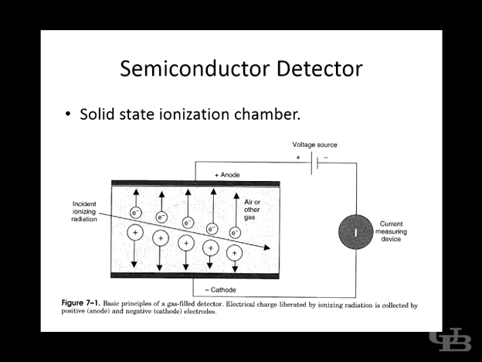But when an electron moves in one direction, the hole it leaves behind is as if it's moving in the other direction. So you still have the movement, the same effect as charges moving in the gas-filled detector.